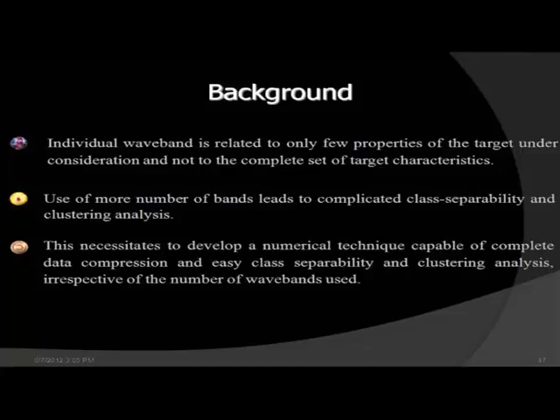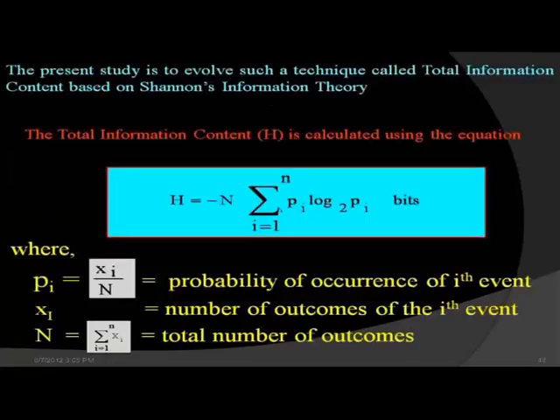And that index is called the total information content index, which is based on Shannon's information theory, which is mainly used in information technology. That is also used for biodiversity calculations, how diversified your species are, any kind of diversification you are looking at. That is Shannon's diversification index.